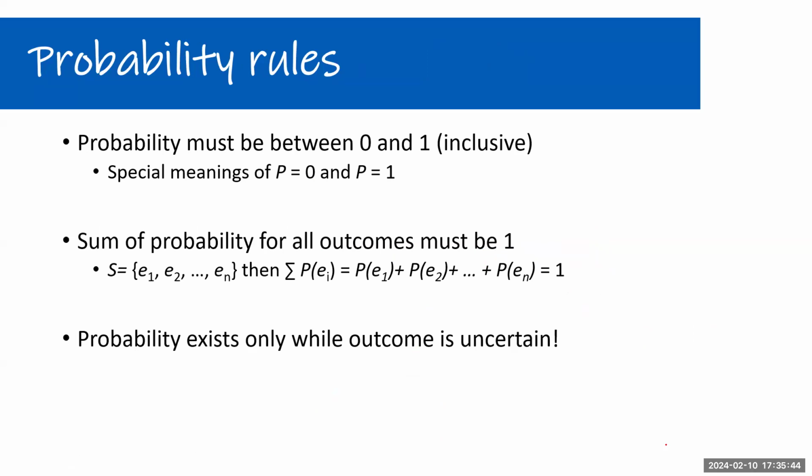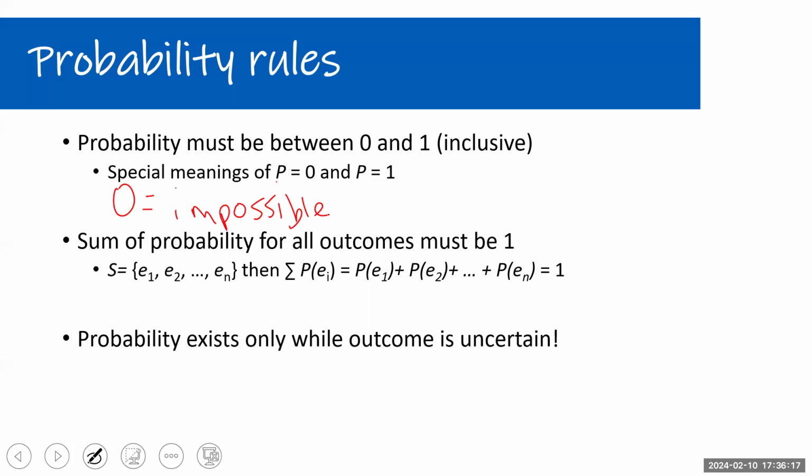Now, there are some rules governing probability that stick with all probability in our course and beyond. The probability of any single event or outcome must be between 0 and 1 inclusive. If I tell you that something has a probability of 0, it means that it is an impossible event. If you roll a standard die with 1, 2, 3, 4, 5, 6, the probability that you roll a 7 is impossible, so it's 0.